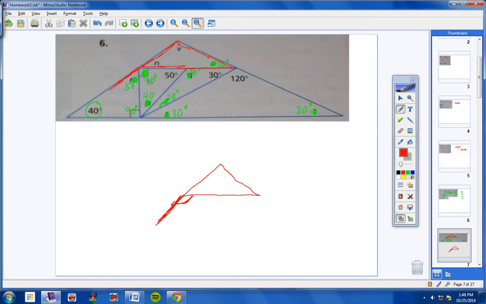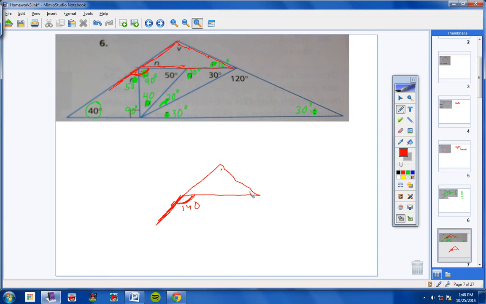So there we go. Now, this whole angle here is 140. 50 here and 90 here. So 140 degrees. Now what we learned is this. Please don't forget this, students. We learned that the exterior angle of a triangle is always equal to the sum of the 2 remote interior angles.